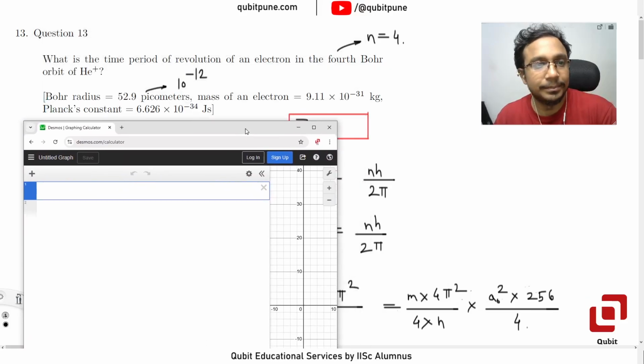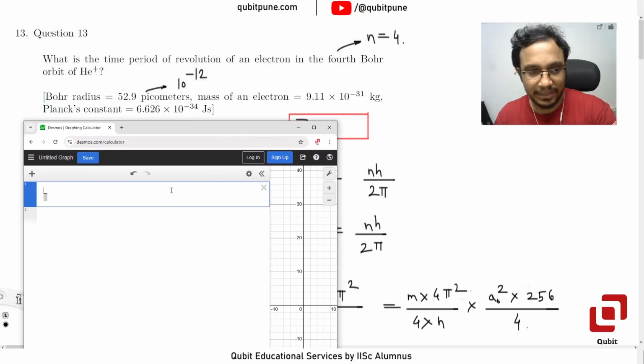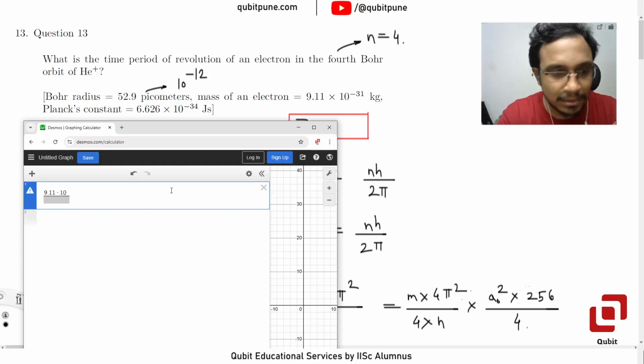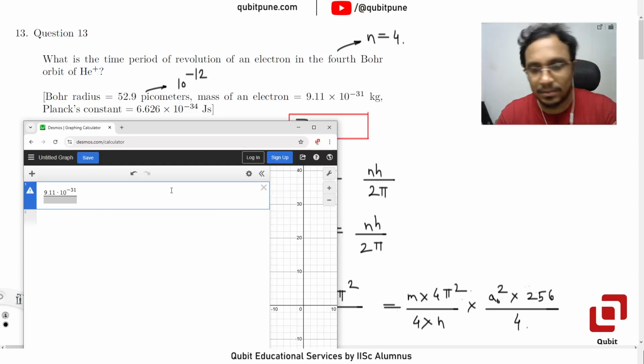Okay. Firstly, let's put that fraction. Mass. Four pi squared. A naught squared.